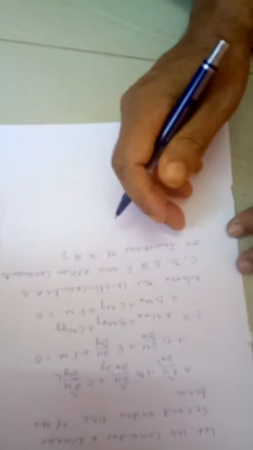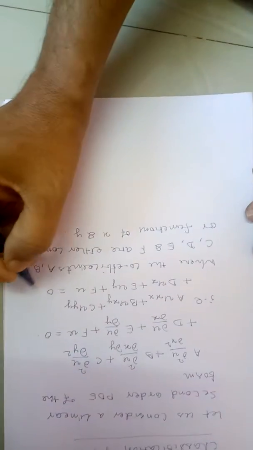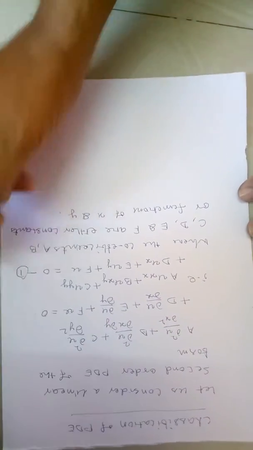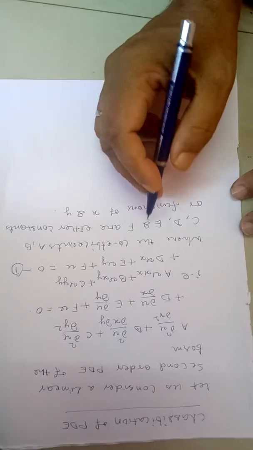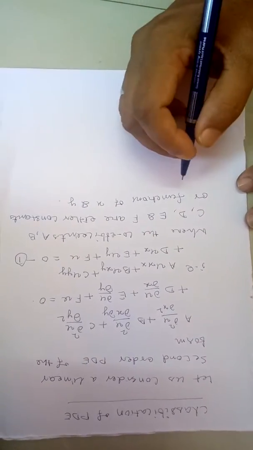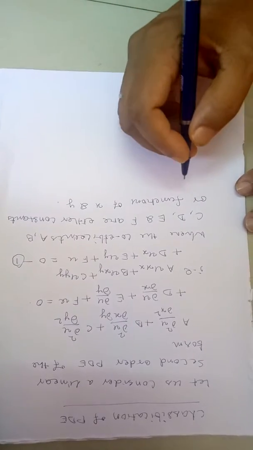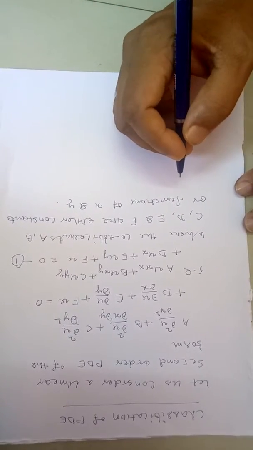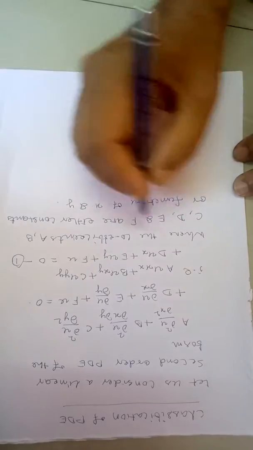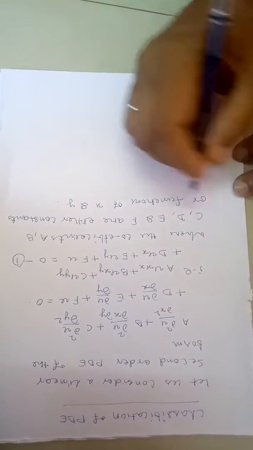Then let us classify this. Let us name it as equation 1. So let us classify the equation 1. In order to classify the equation 1, we will follow the following steps.